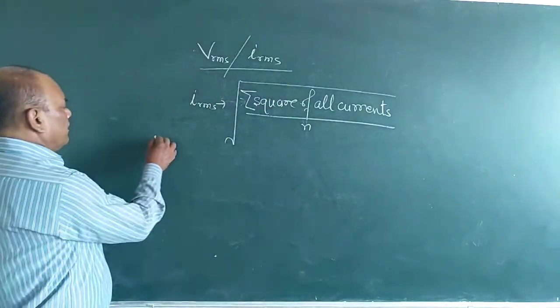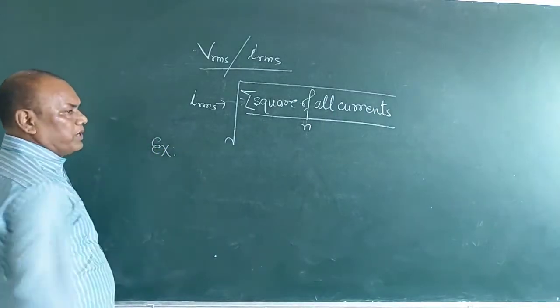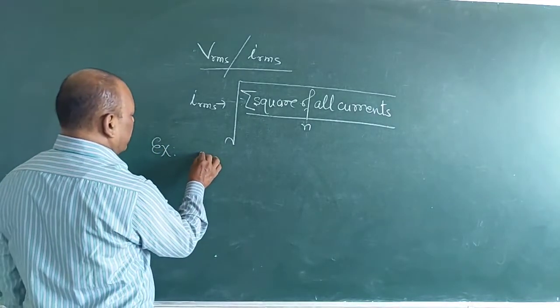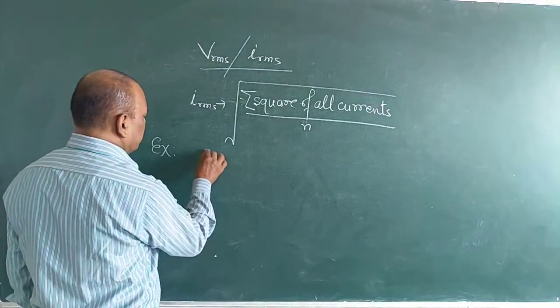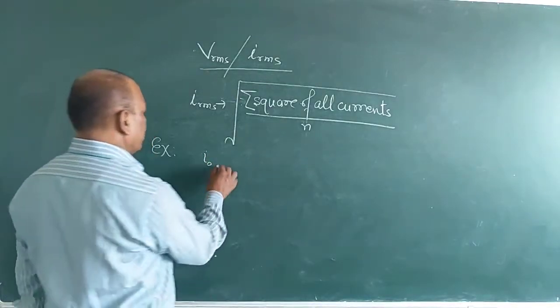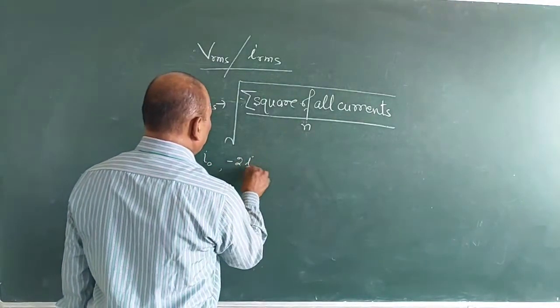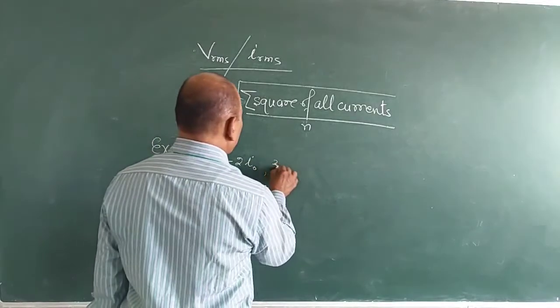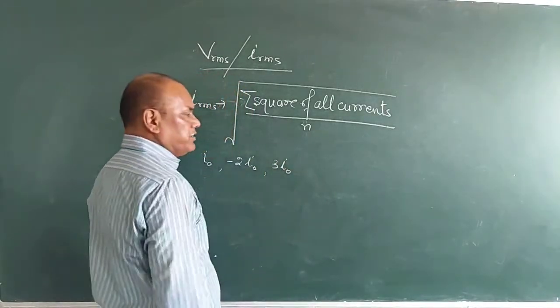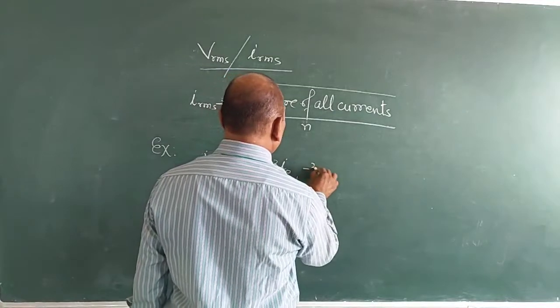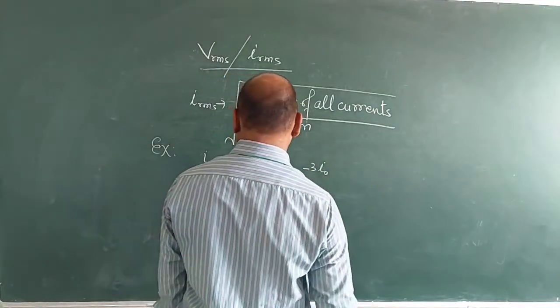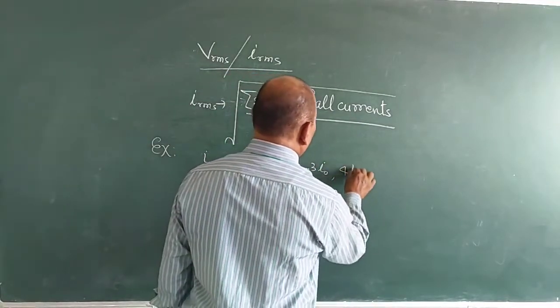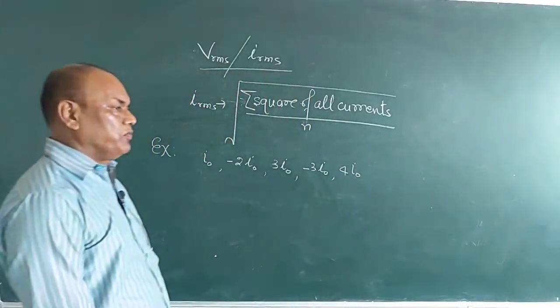For example, let us suppose you are given currents I0, minus 2I0, 3I0, minus 3I0 and 4I0.